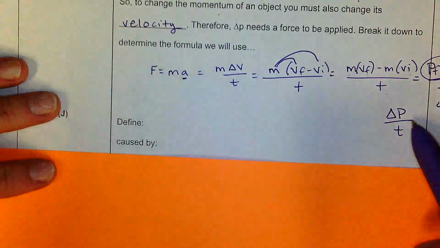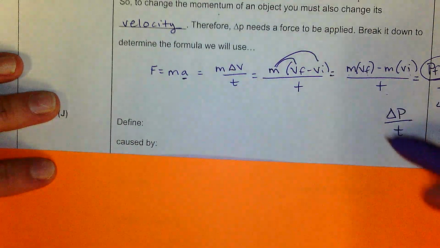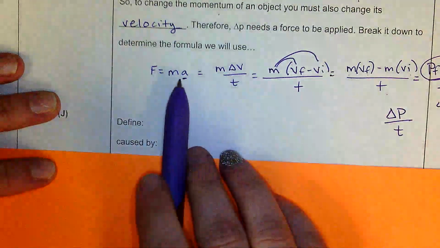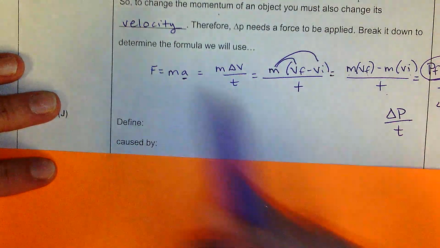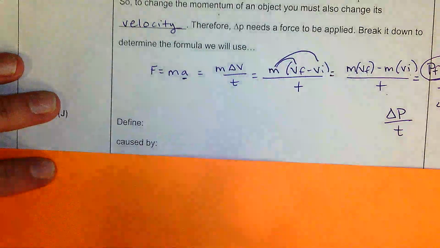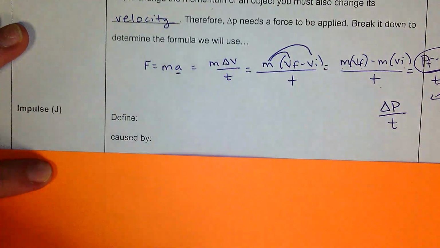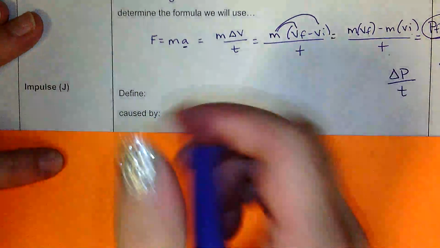All right. Basically we're getting that the change in momentum over time is equal to the force, right? All right. So we're talking about impulse. Okay. So what is impulse exactly?